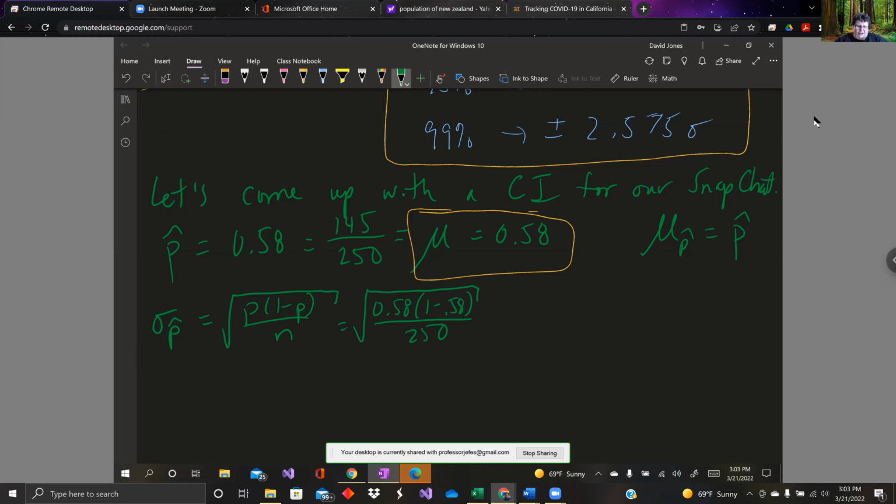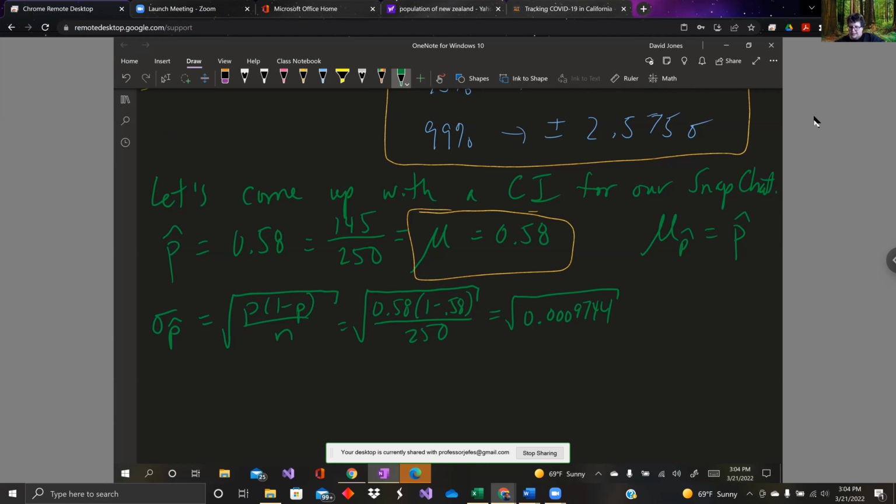If I do 0.58 times 1 minus 0.58 divided by 250, I get inside my square root 0.000974, and that's as many decimal places as my calculator shows.